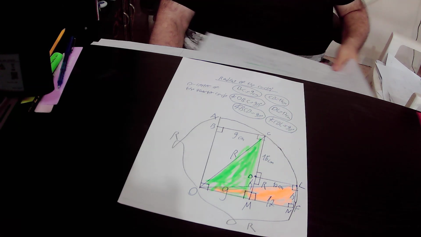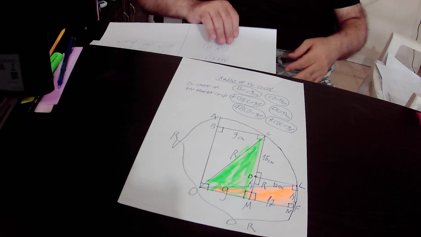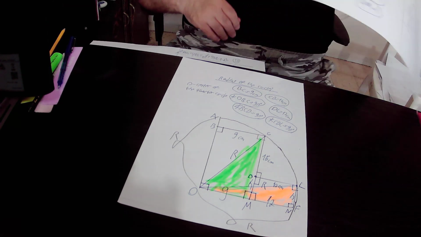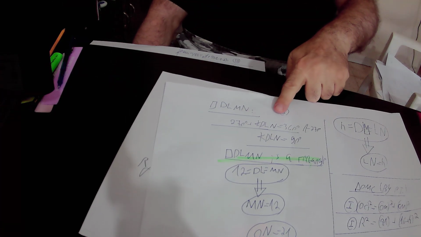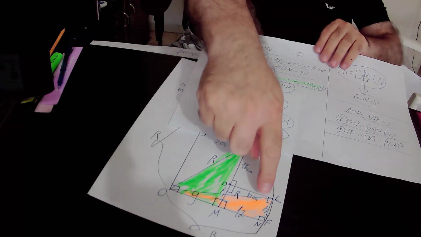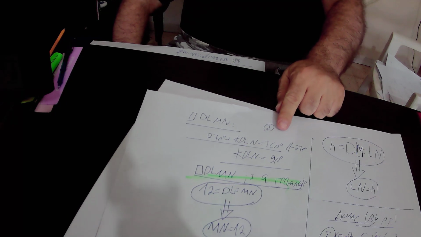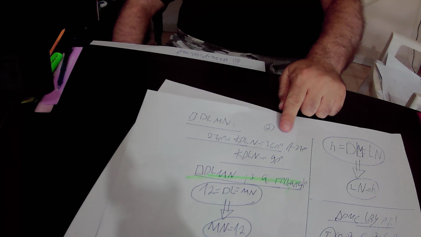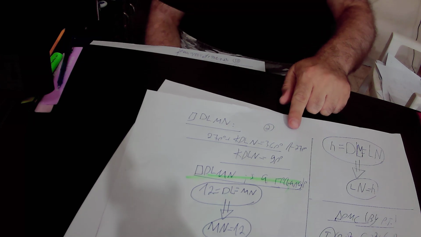The sum of three right angles is 90 times 3, which is 270 degrees. Plus the size of the fourth angle, angle DLN, the sum of those four angles must be equal to 360 degrees, according to the rule that the sum of the angles in any quadrilateral is 360 degrees.